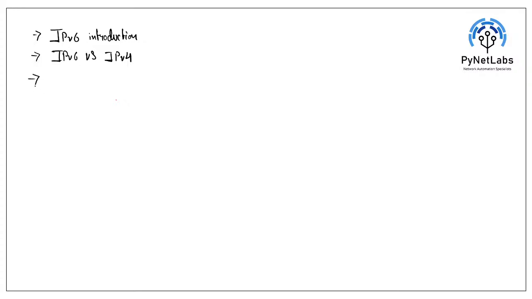Then we will look in more detail at the types of IPv6 addresses. In IPv6 we do not have any specific classes like in IPv4, where we used to have A, B, C, D, E classes. Instead of that, we have some address categories.